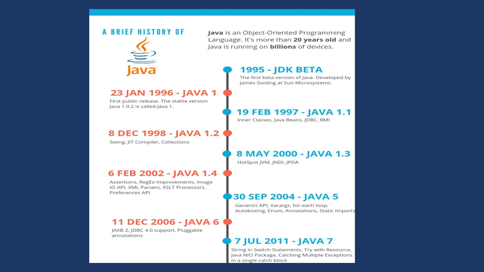In 1997 itself, inner classes, like inline classes in Java, and JDBC, which means database connectivity, were added. That is a very important part of Java, and it is the main reason why Java became commercialized, because a database can be connected to Java from Java 1.1 onwards. Then in Java 1.2, it includes Swing, the JIT compiler, and many other Java features we are using today.